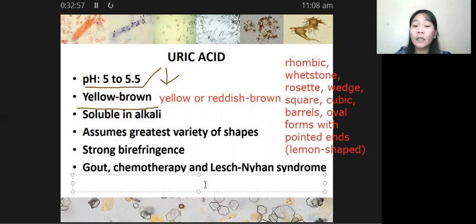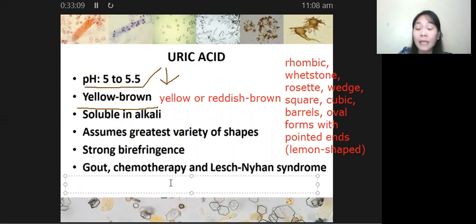However, there are certain conditions which will facilitate the crystallization of your uric acid. Thus, they are present in high numbers in these conditions. So ano yung mga conditions na yan? We have gout, chemotherapy, and your Lesch-Nyhan syndrome.